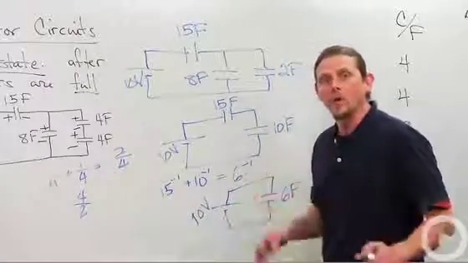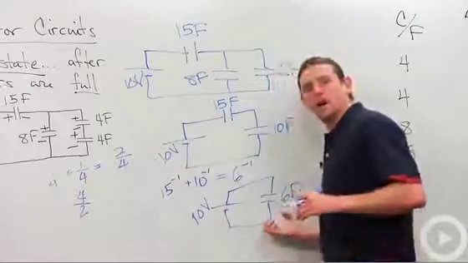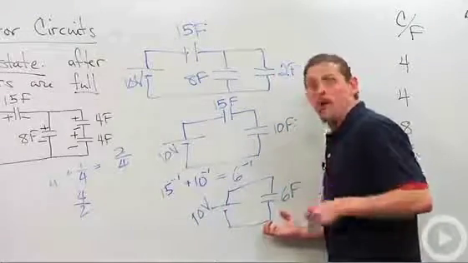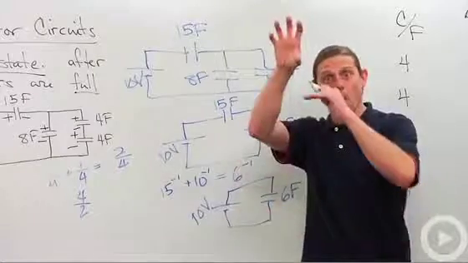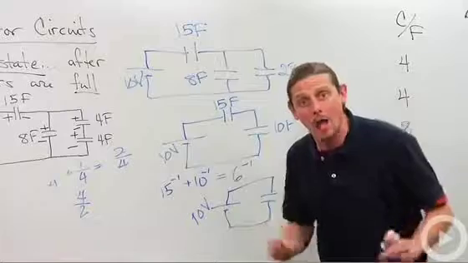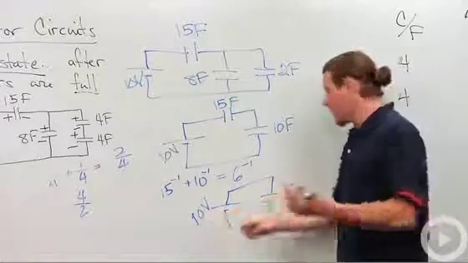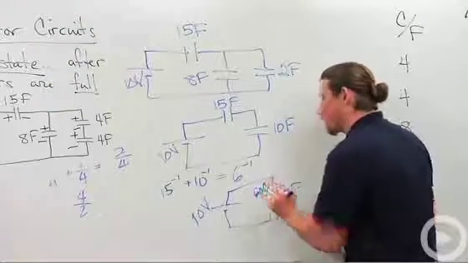All right, now we need to know how much charge is on our effective capacitor. Well, potential difference is Q over C, so Q must be C times potential difference. 6 times 10 gives us 60 coulombs.